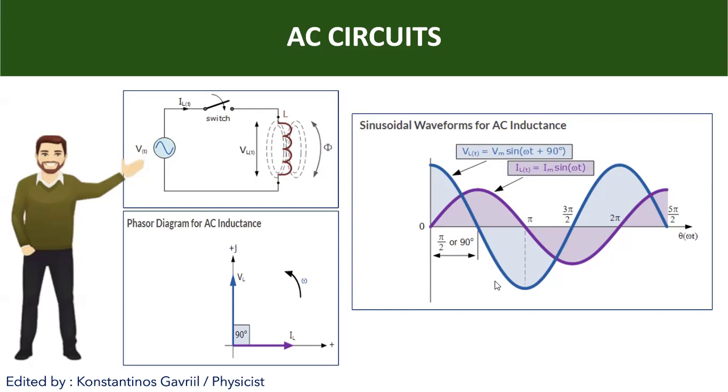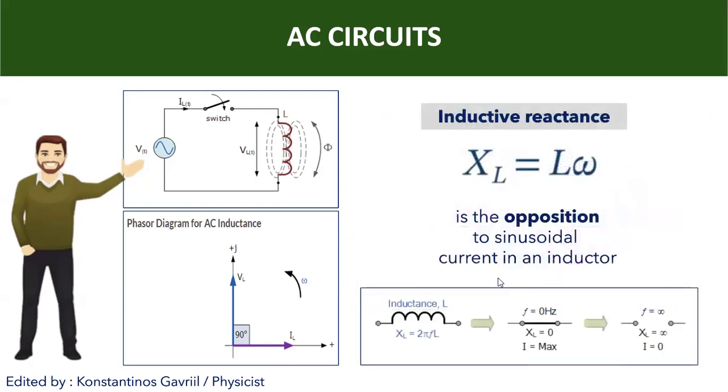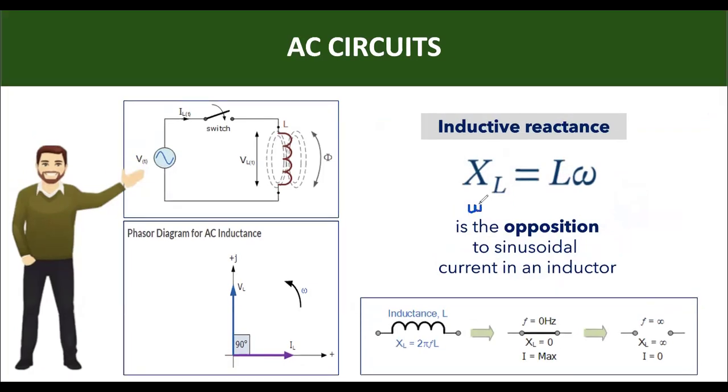So we used to say that VL leads the current, or the current lags the voltage. As we can see here, the inductive reactance is equal to L omega. The L is the inductance of the inductor. The omega is the angular frequency, given by the formula omega equals 2 pi f.